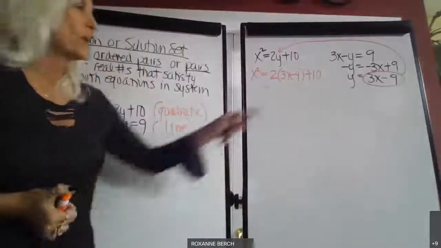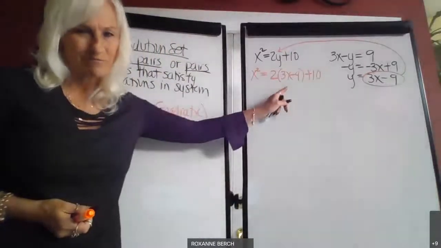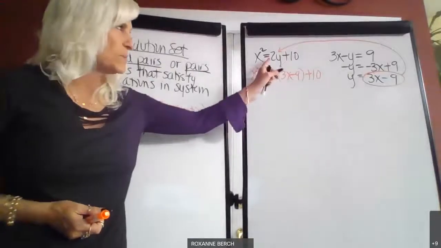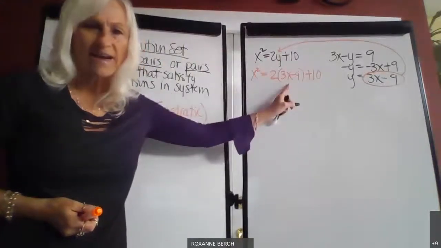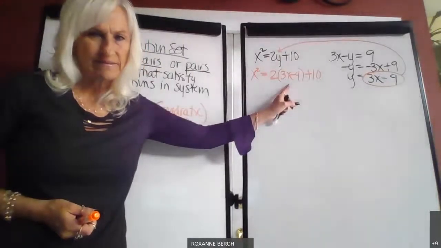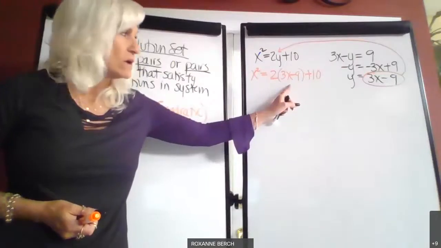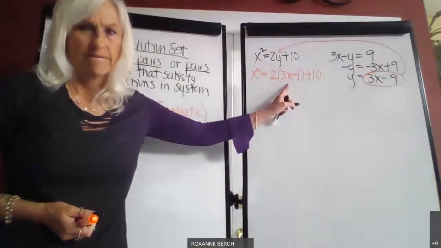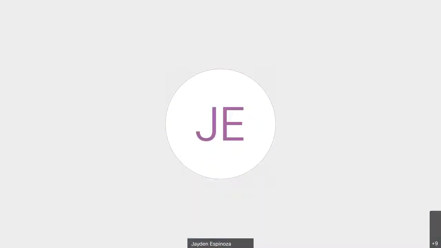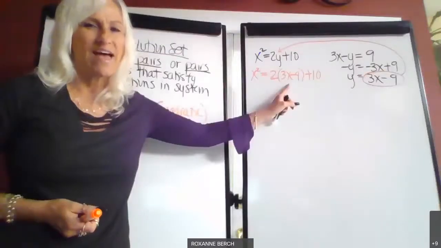Now, you're going to put this in parentheses, right? Because it's going to be 2 times that quantity, right? Yes. Right? Yeah, 2 times the quantity.